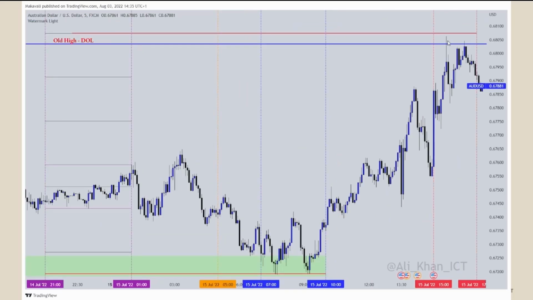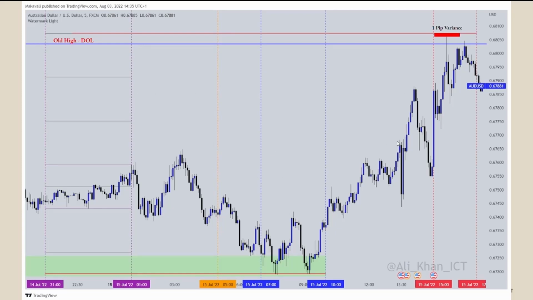We do in fact see the old high liquidity taken, but we had a 1 pip variance with 3 standard deviations of the central bank dealers range. This is within our 5 pip variance, so this works for us. We could have taken partials over here.